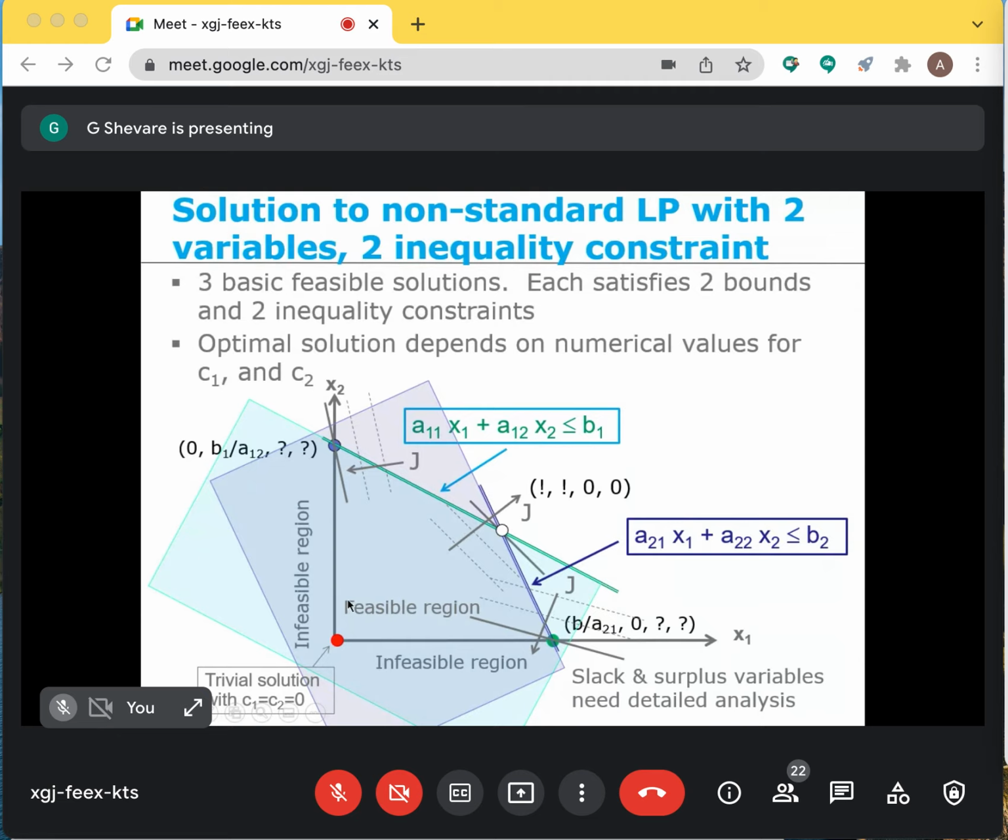When I say 4 solutions which are acceptable, what I mean is the constraint that x1, x2 is greater than or equal to 0 is satisfied. The inequality A11 into x1 plus A12 into x2 less than or equal to B1 is satisfied. And also the inequality A21 into x1 plus A22 into x2 less than or equal to B2 is satisfied.